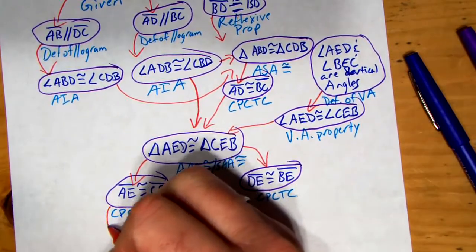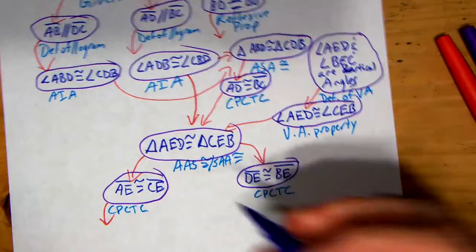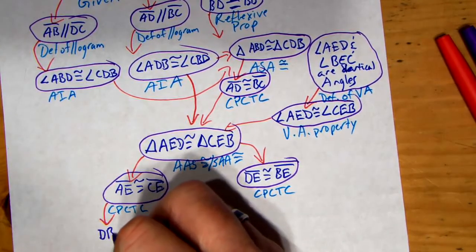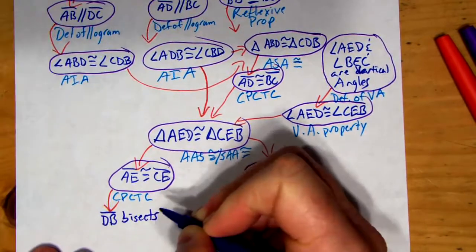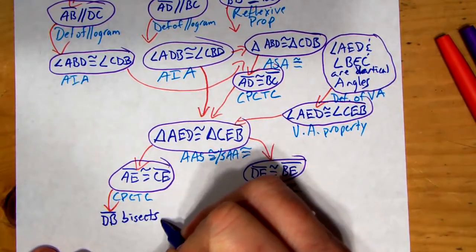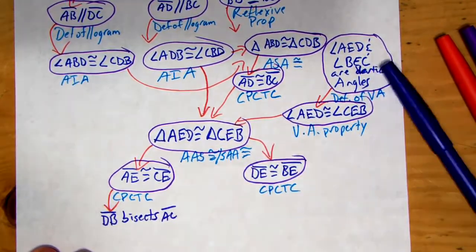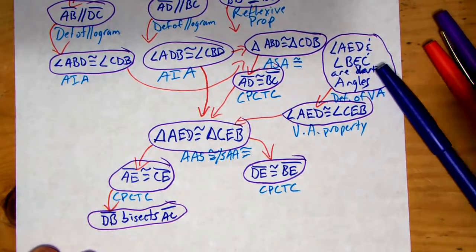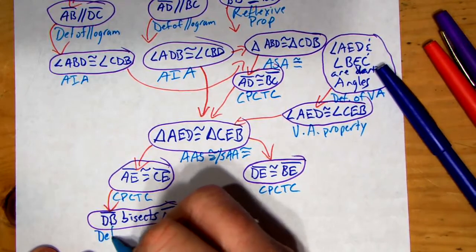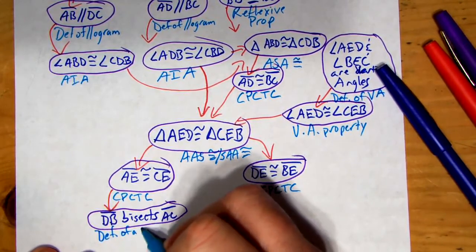Coming off of here, we can now say that DB bisects AC, and my reason for that statement is that I happen to know the definition of a segment bisector.